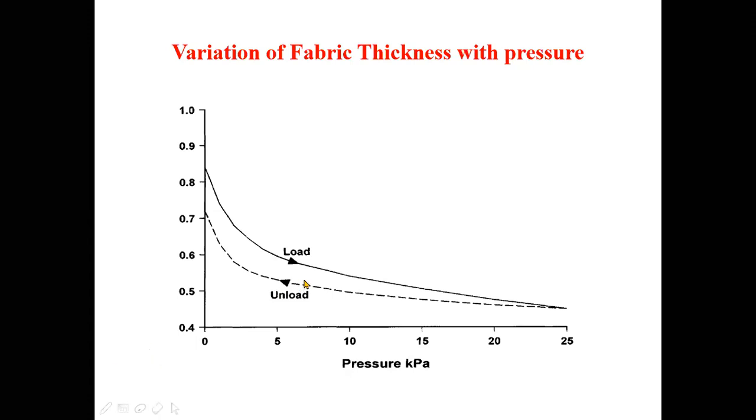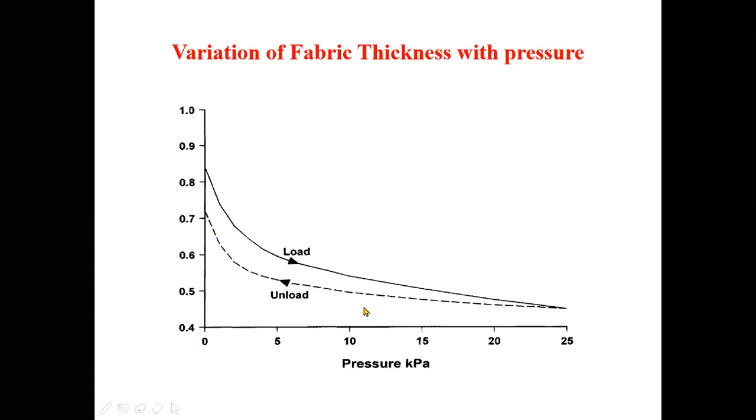What is the meaning of the term hysteresis effect? At any pressure, I can consider the 10 kilopascal pressure. You can see there is a variation in thickness when we are increasing the load, and when we are reducing the load.